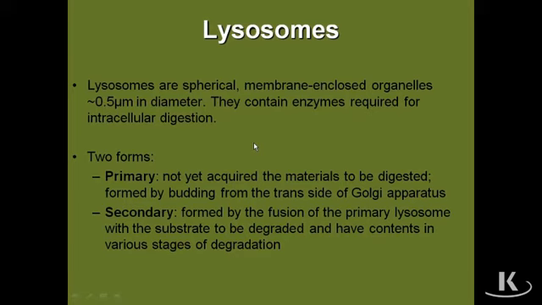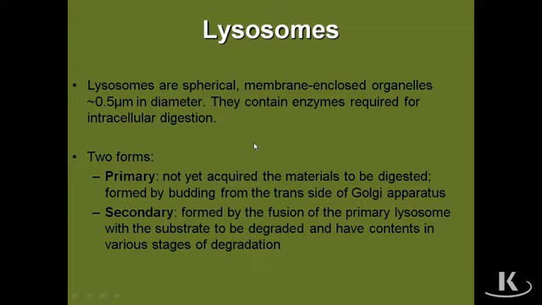Next, speaking of lysosomes, lysosomes are our next membrane-bound organelle, and as such they contain the very low pH hydrolase enzymes that are required for intracellular digestion of large macromolecules. Lysosomes generally come in two forms, although the distinction between them is not as precise as it used to be.